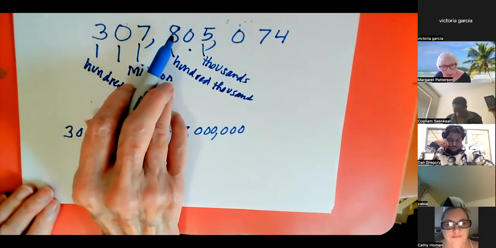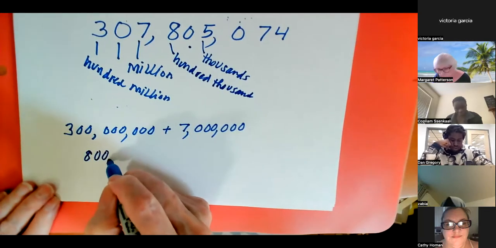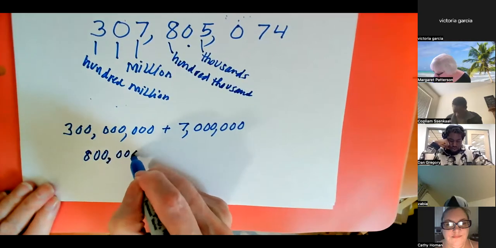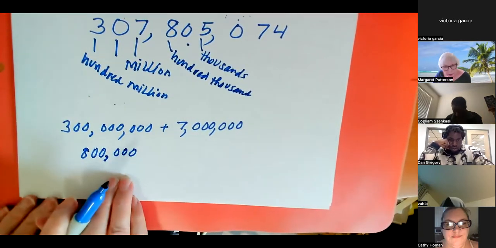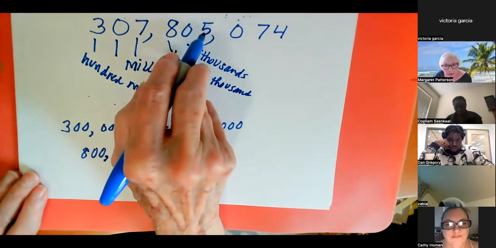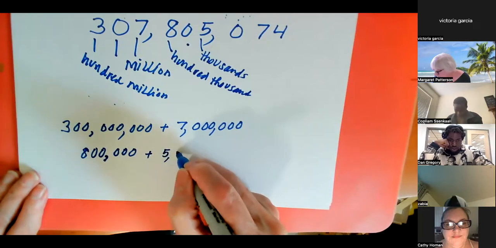So this is 800,000, so that would be 800. To get it in thousands, we need 3 more zeros. And then you look at it. Is that 800,000? Yes, it is. So we're good. This is just plain 5,000. So this would be 5, comma, 1, 2, 3.